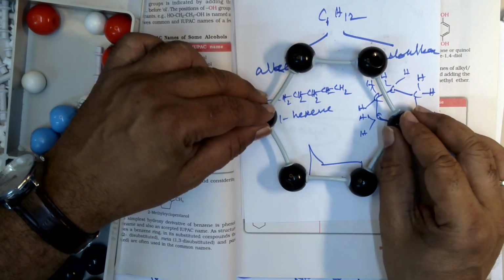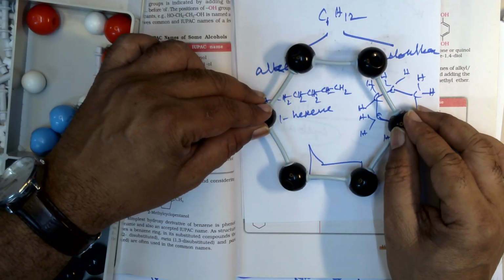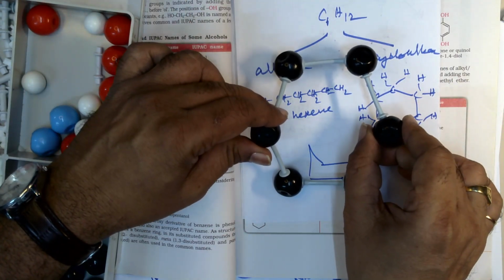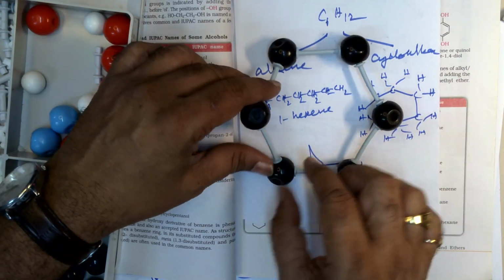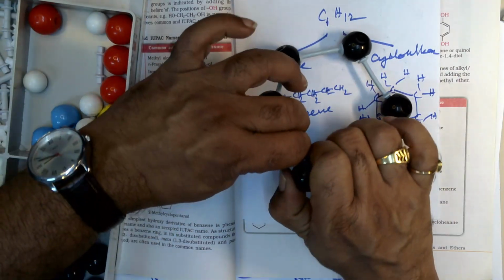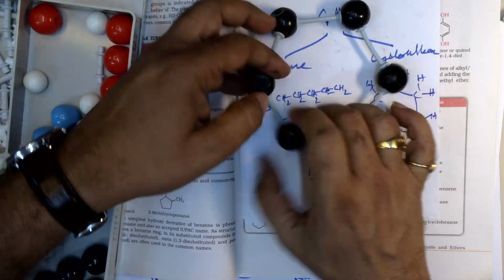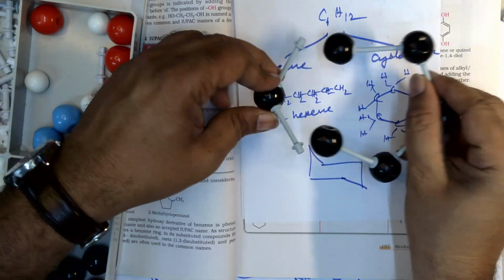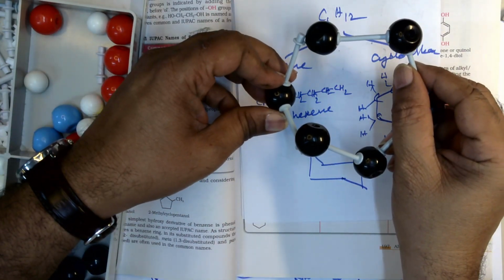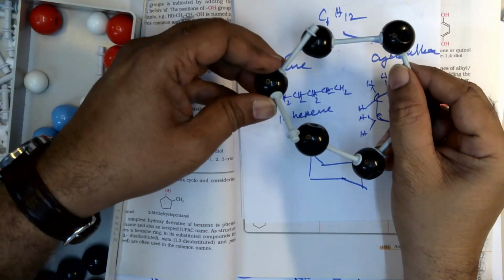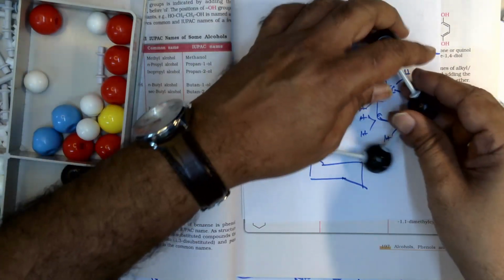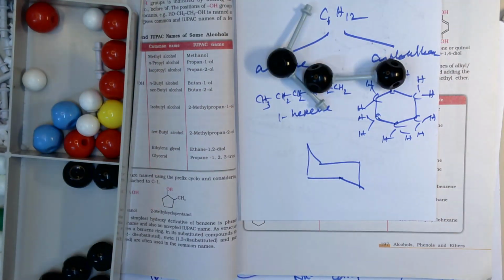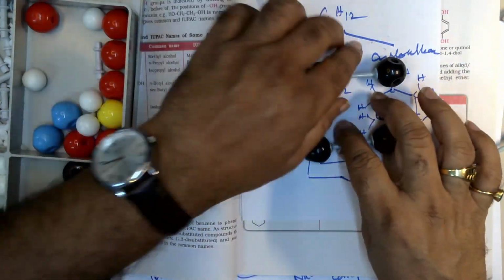Now, if you leave it like this, it is not a planar one. Immediately, you see, it forms a boat form like this. Are you able to follow? So instead of having the planar structure, it goes like this, and the other one, so this is the parallel line.